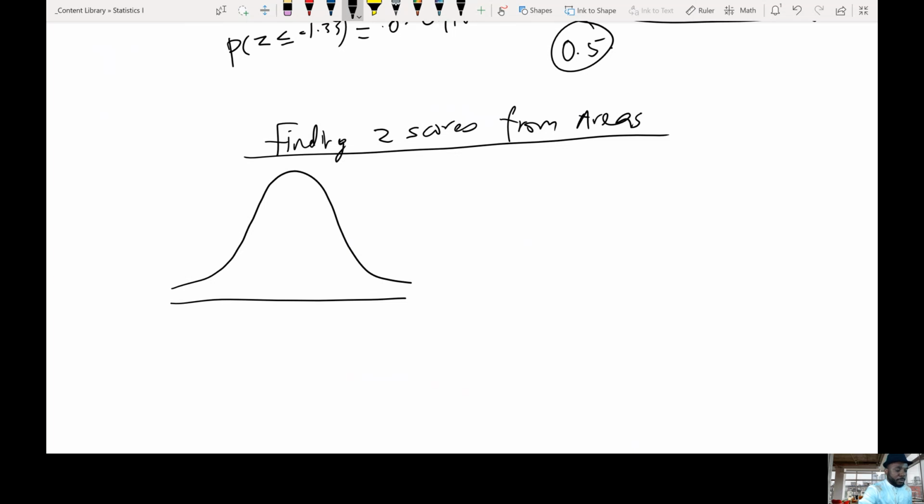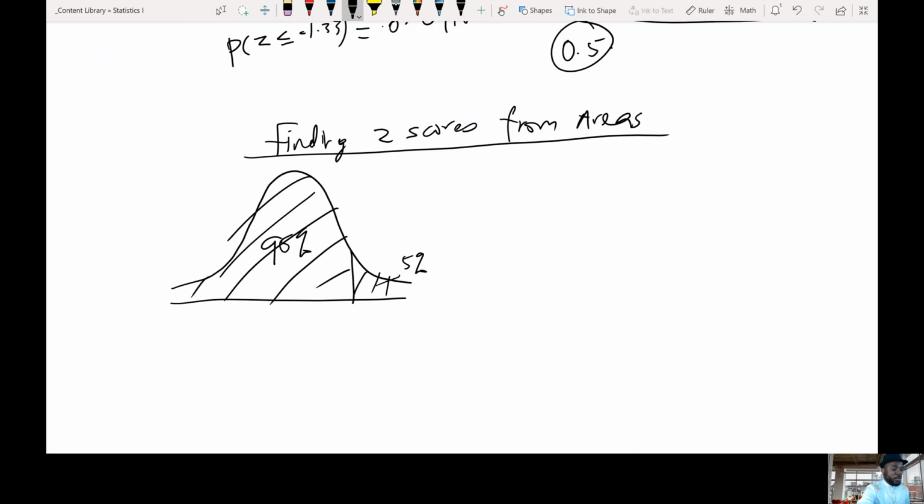Let's say we have the distribution and we want to find the z-score that represents the bottom 95% of the data. By bottom 95%, let's assume that this whole area to the left is 95%, which means that this area is 5%.